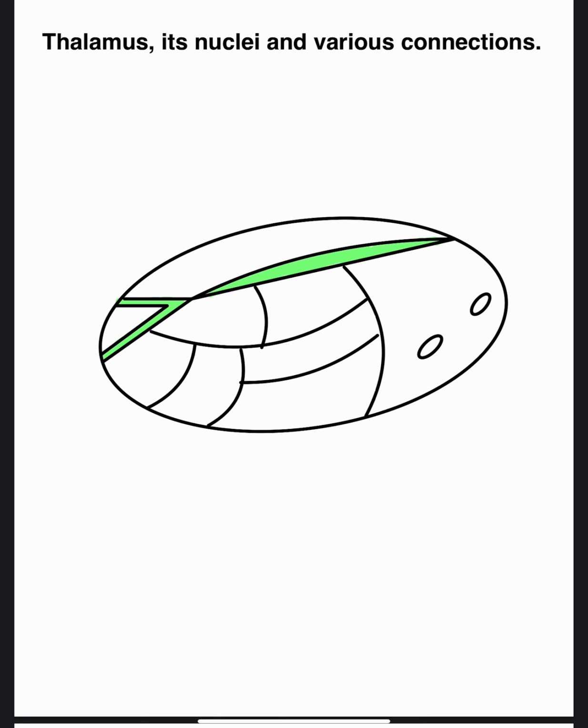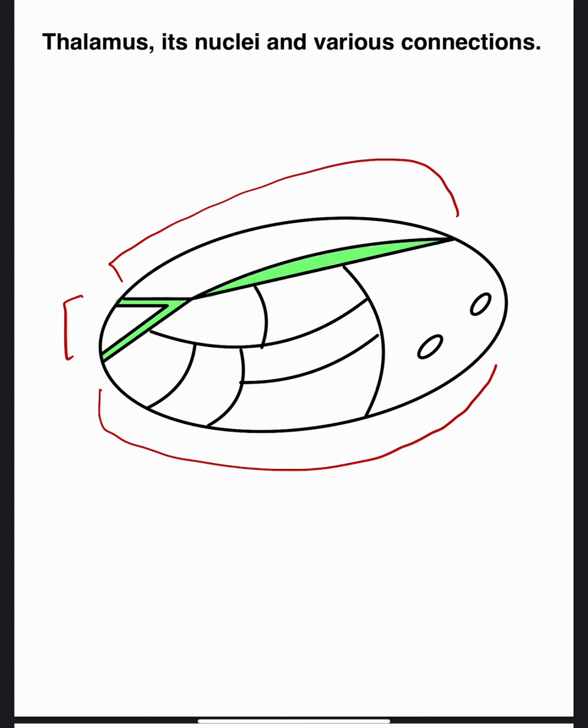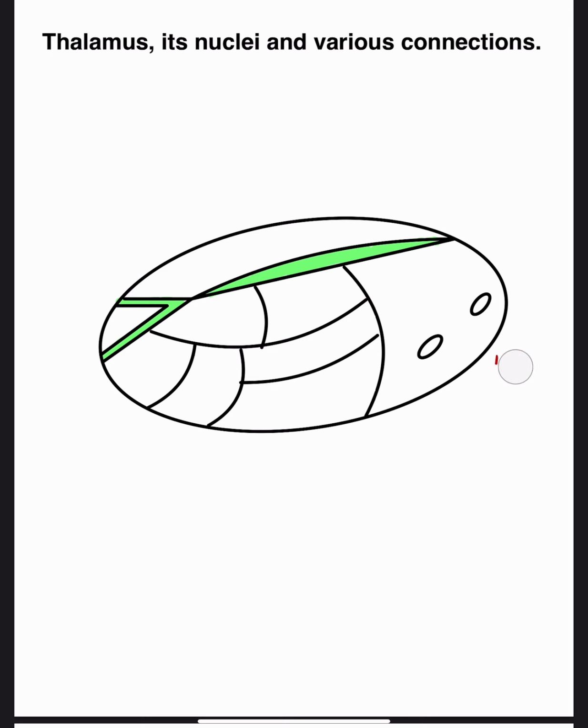It is divided into three portions: the anterior portion, the medial portion, and the lateral portion by the internal medullary lamina, which I have represented via the green color, a roughly Y-shaped white matter structure of the thalamus. Now we are going to name the nuclei.